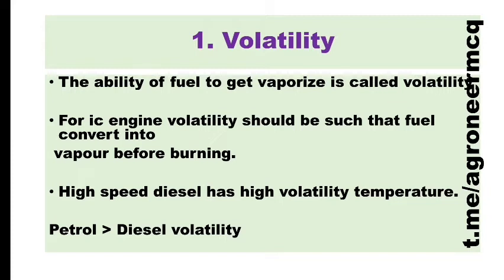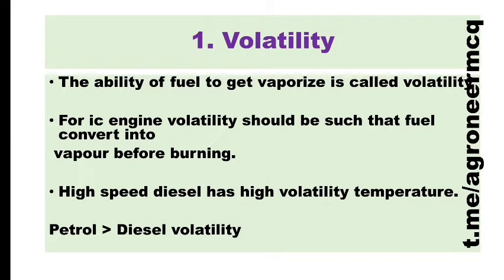For an IC engine, volatility should be such that the fuel converts into vapor before the starting of the burning process. We know in the compression stroke, the air in the cylinder gets compressed and there the fuel should get converted into vapor to have maximum efficiency.